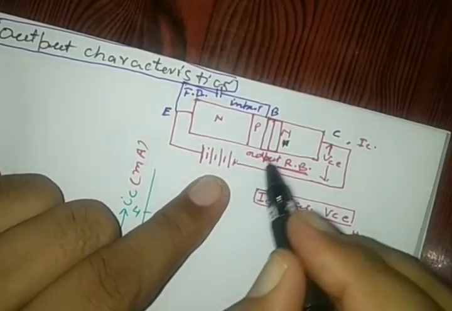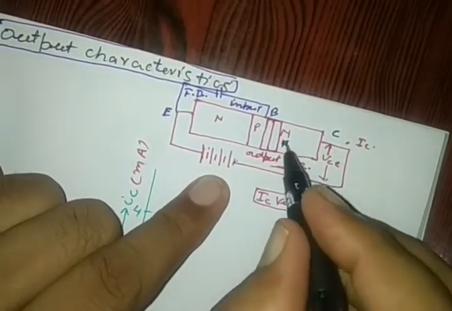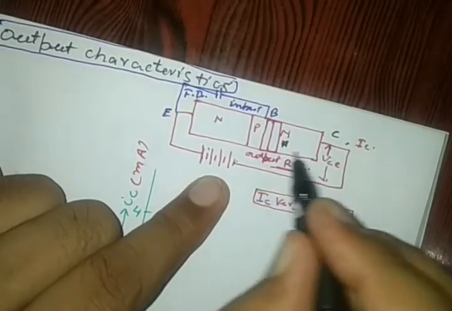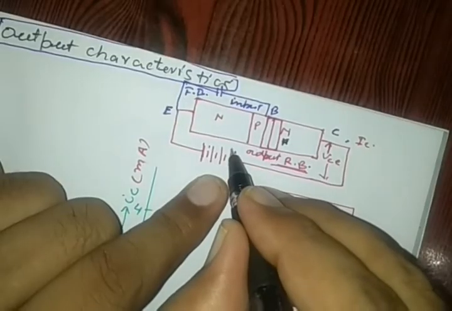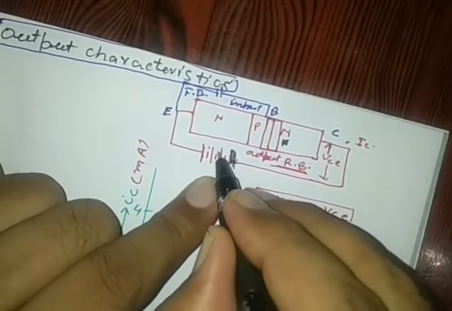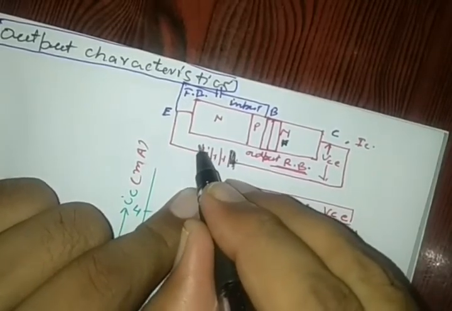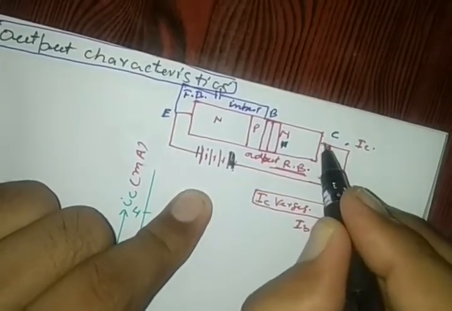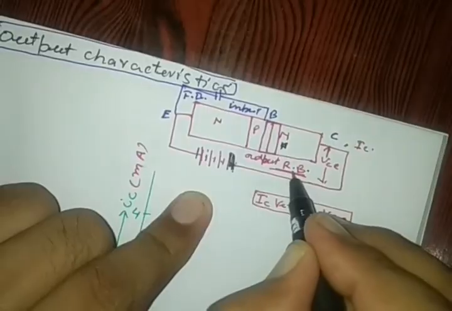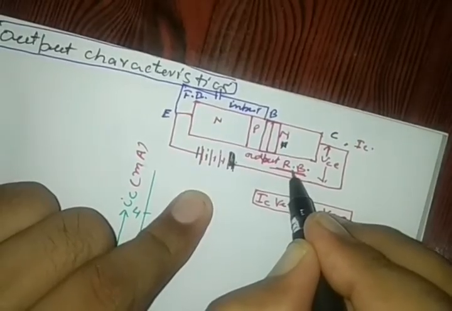Now see in the output circuit, negative is connected with positive; this is the positive terminal and this is the negative. If negative is connected with positive, then it is under reverse bias. See in the diagram.